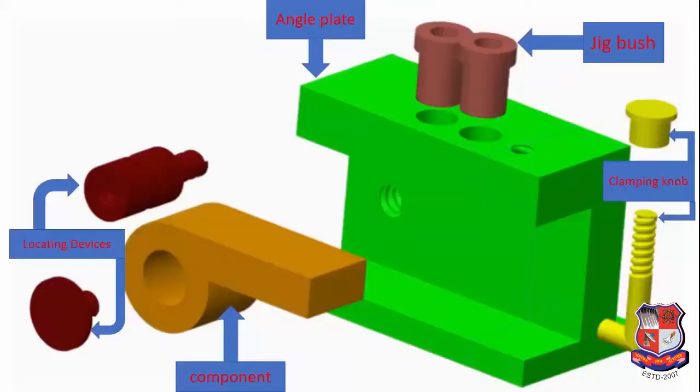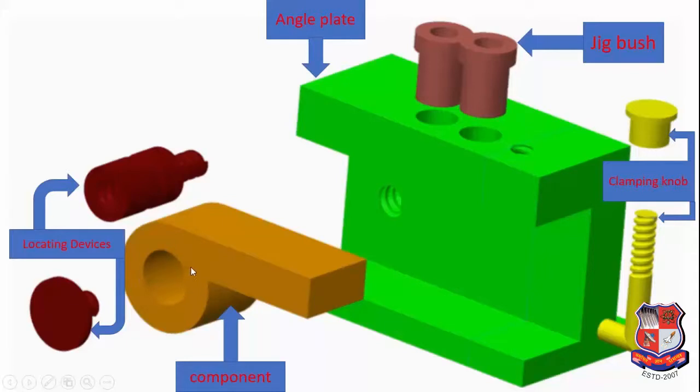So first I have designed an angle plate with reference to this component. So this is a component for which I have designed an angle plate. Angle plate jig is basically used where locating surface of component and drilling surface is at 90 degree.